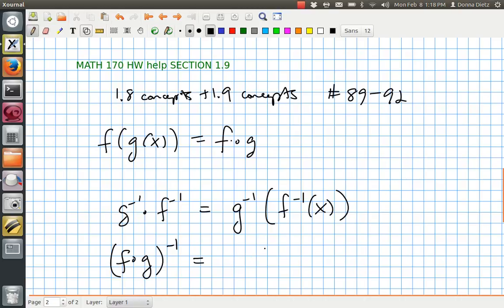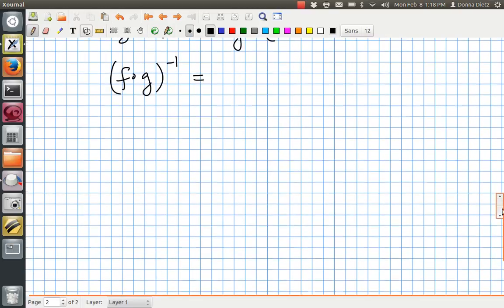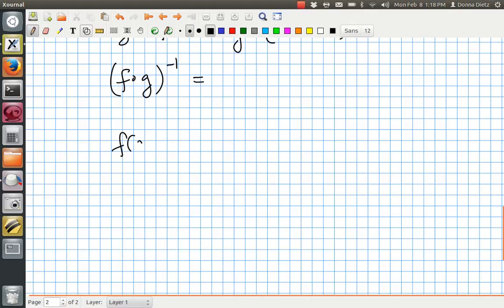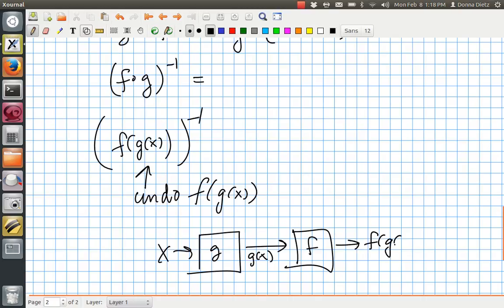Okay, so here's what's going on. Let me explain why that happens. f of g of x inverted means undo this action. And what is that action? x goes in here to g, and whatever comes out, we call it g of x. It goes in through here, and you end up with f of g of x.